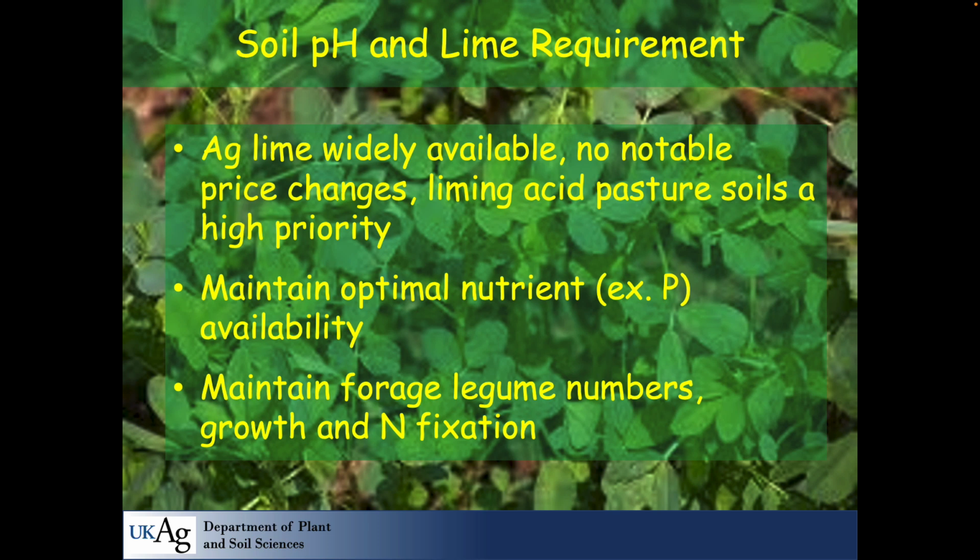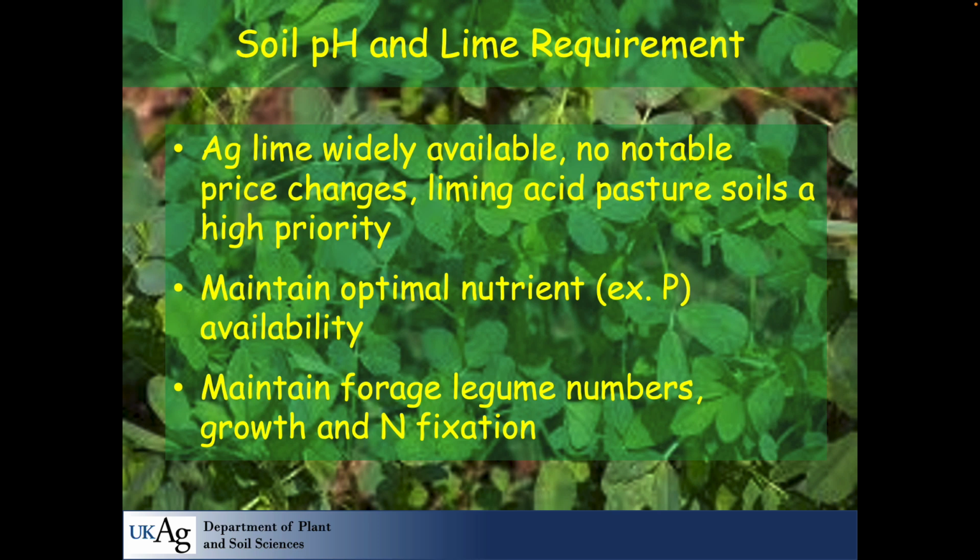Soil pH is probably one of the best indicator variables of soil health for pastures and hayfields that I know of. Right now, ag lime is pretty widely available. Other than the cost of actually bringing it to the farm, there haven't been many price changes. And liming these acid pasture soils becomes a high priority because it affects the availability of other nutrients.